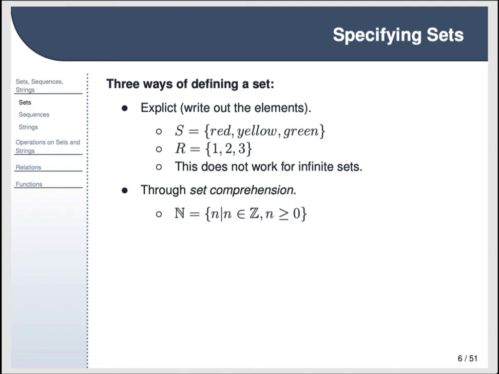What you can see here is we've defined a rule that says we're going to let all elements n such that, that's how the bar is read, n is an element of the integers, that's what Z stands for, and n is greater than or equal to 0. So this is our rule for saying that some element can enter our set, and it turns out that this set definition is equivalent to defining the natural numbers.